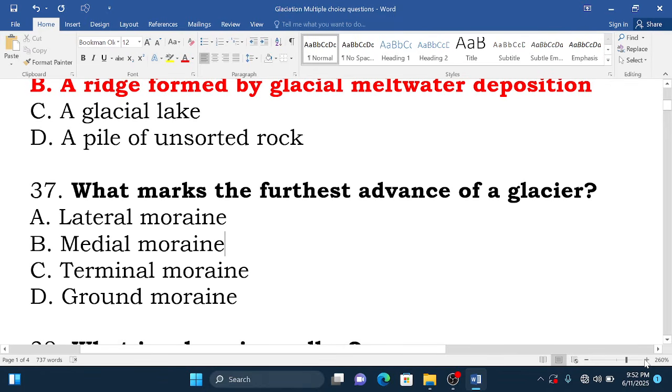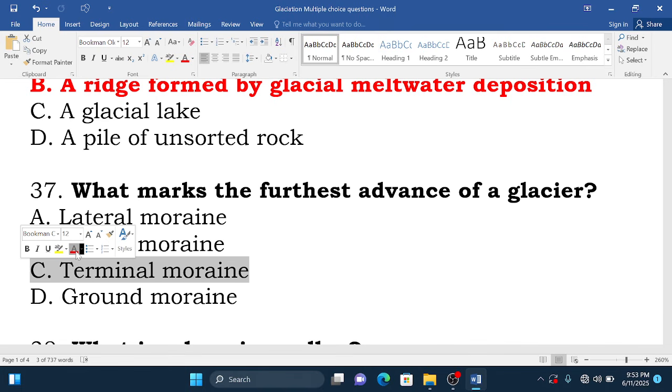So the correct answer is C. The farthest advance of a glacier is marked by terminal moraine.